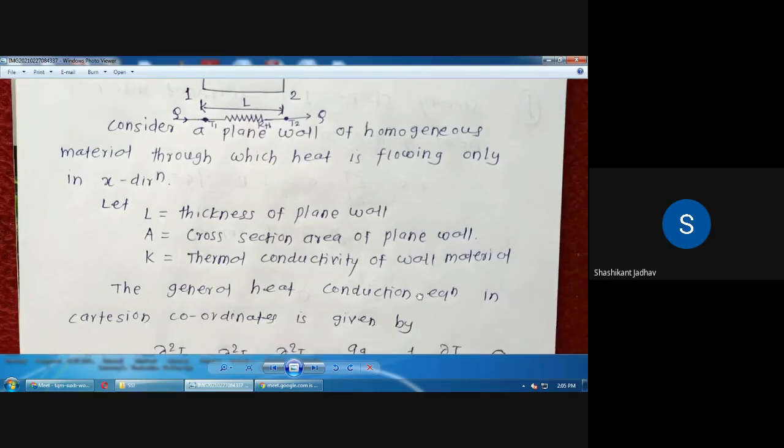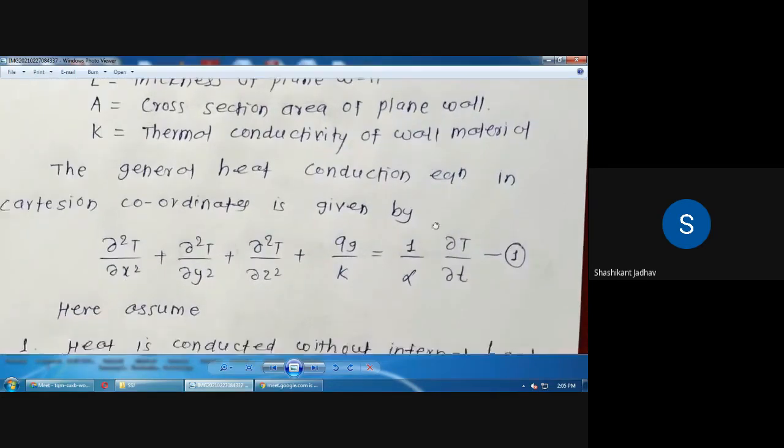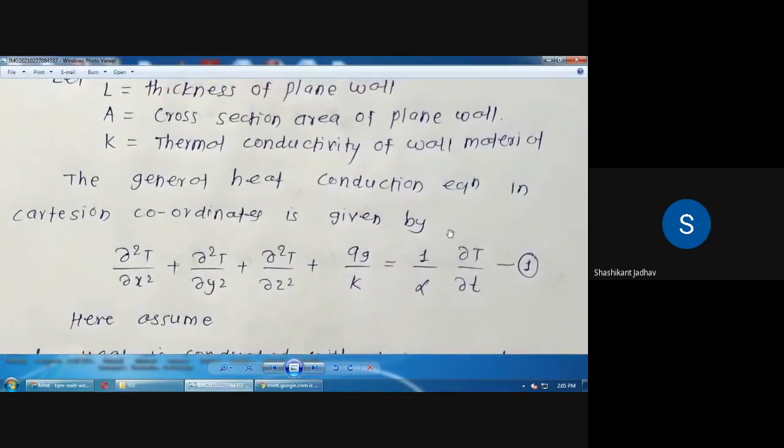Then write down the general heat conduction equation. The general heat conduction equation in Cartesian coordinates is given by... In yesterday's lecture we derived the general heat conduction equation for the Cartesian coordinate system.